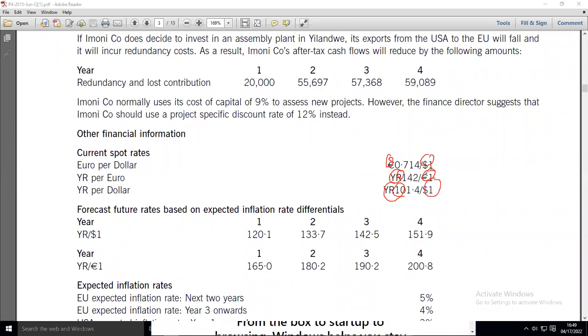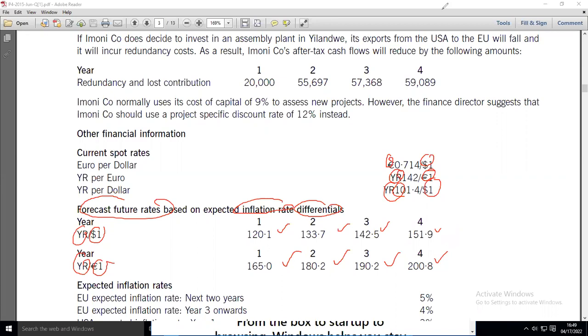The future rates, based on expected inflation differentials, are given: Rand on a single dollar, and in a similar way, Rand on the euro. So in this particular case, there's no need for you to estimate the forward rates. They have been given.